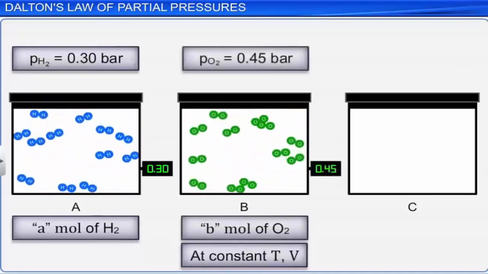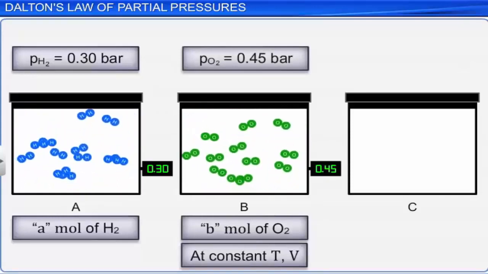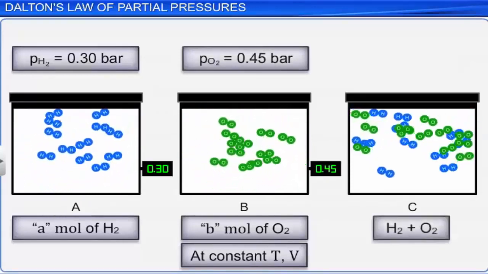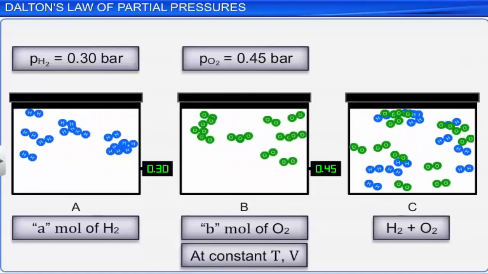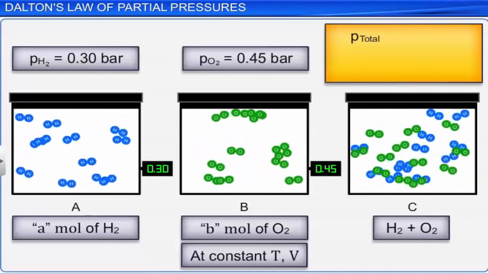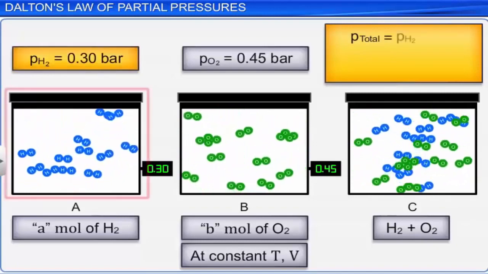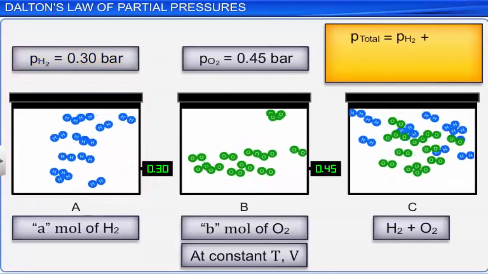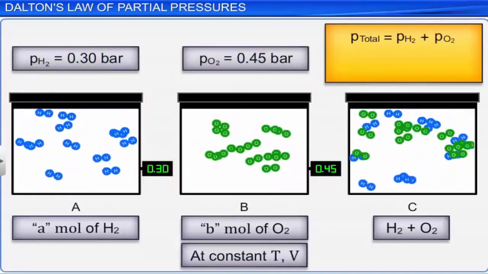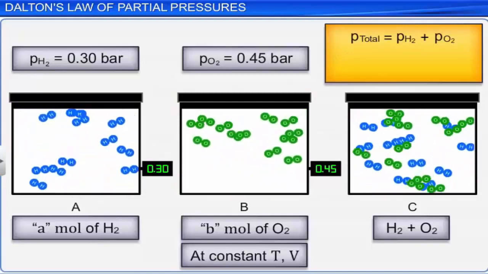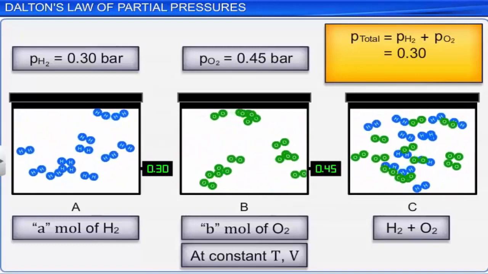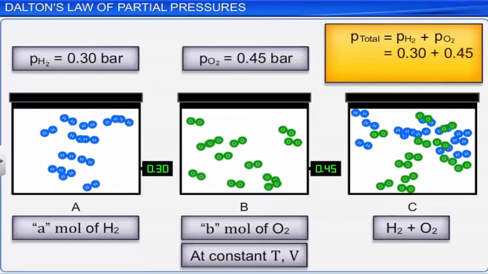Now, if we put both hydrogen and oxygen gases in the third vessel, the total pressure exerted would be the partial pressure of hydrogen plus the partial pressure of oxygen. That is, the total pressure P total is equal to 0.30 bar plus 0.45 bar, which is equal to 0.75 bar.